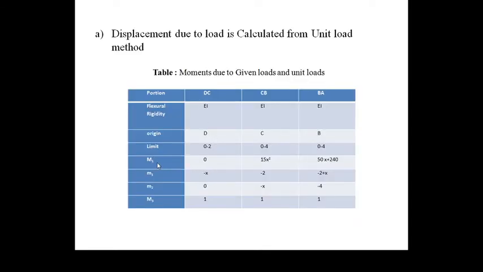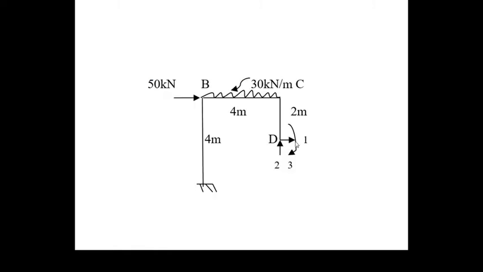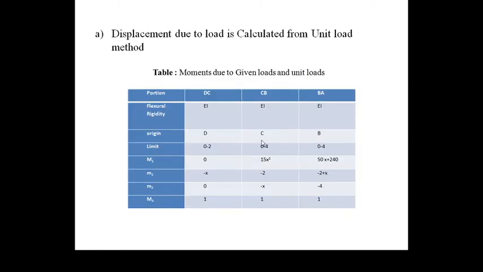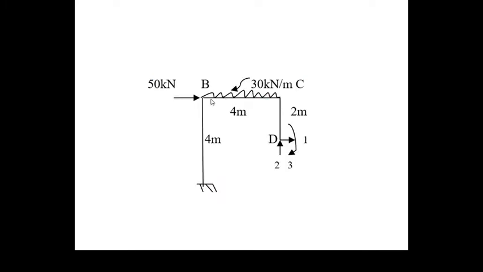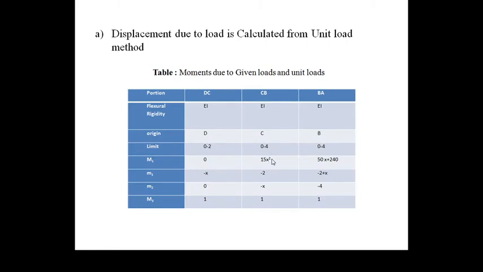After considering the limits, we see the moment M1 due to capital M1 is 0 at DC, because the moment is applied at the same point only, therefore this value is 0. Then M1 is calculated for CB: 1 into this distance, x into x by 2, which is 15x squared divided by 2.